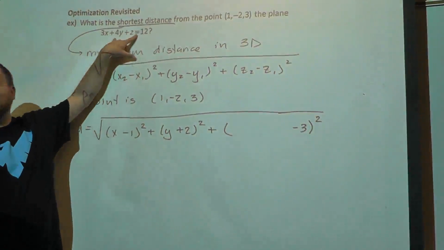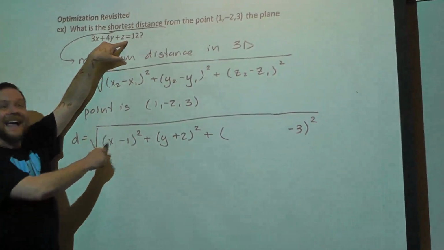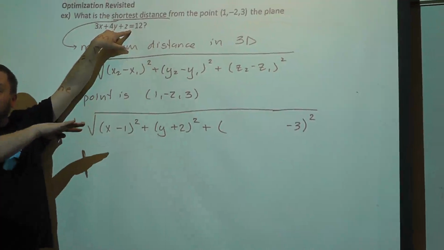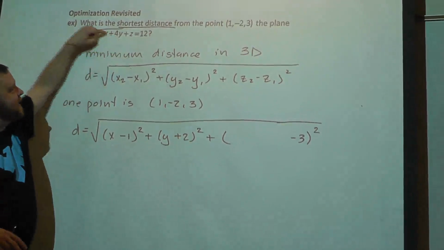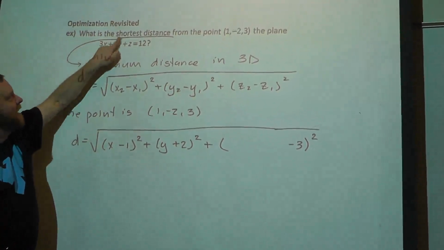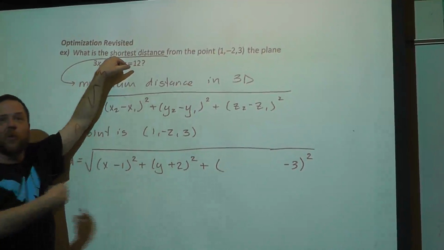Yes, you have to keep in mind this equation represents all the points on the plane. So we're committing x and y as being dummy variable representations of points on that plane. But if I know x's value is x and y's value is y, the z-coordinate has to be 12 minus 3x minus 4y.